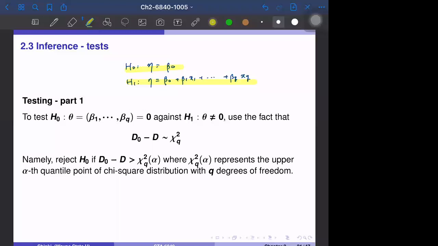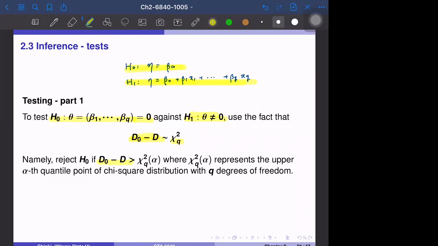So H0 is theta equal to 0, that is the null model, and the alternative is theta not equal to 0, so H1, this model, is better. Then use the theorem that we discussed a few minutes ago. D0 minus D follows a chi-square distribution with df q, because we have q additional parameters in H1. So we reject H0 if D0 minus D is larger than some threshold.